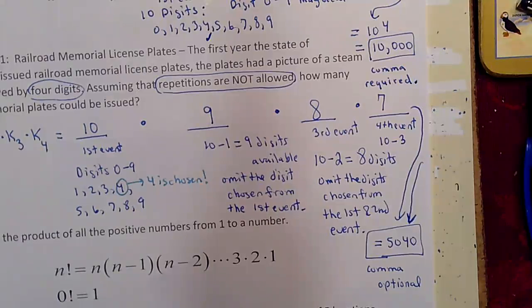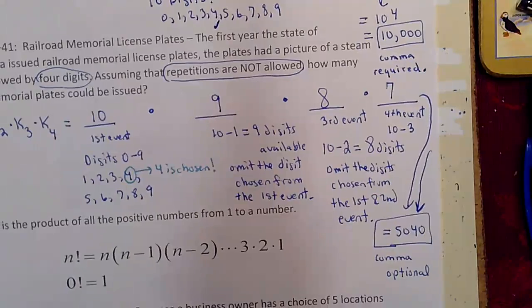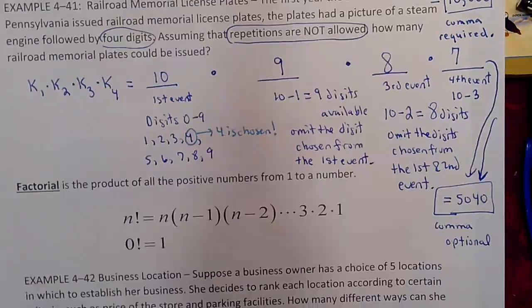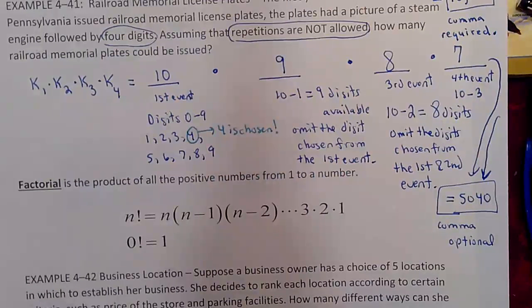Now we're talking about factorials. Let's see what's going on here with factorials. A factorial is the product of all the positive numbers from 1 to a number. So n factorial is n times n minus 1 times n minus 2, and so on.